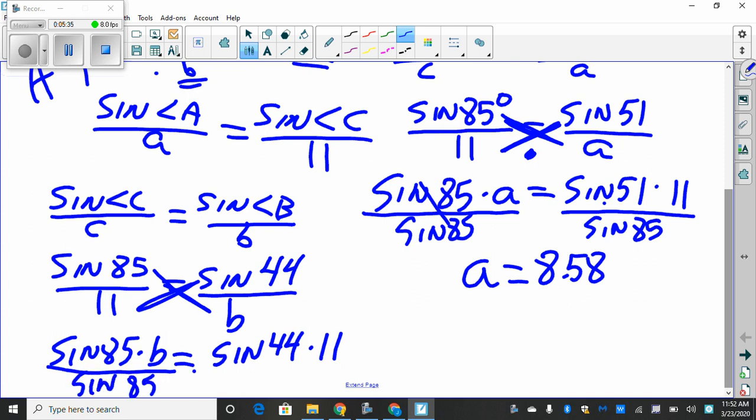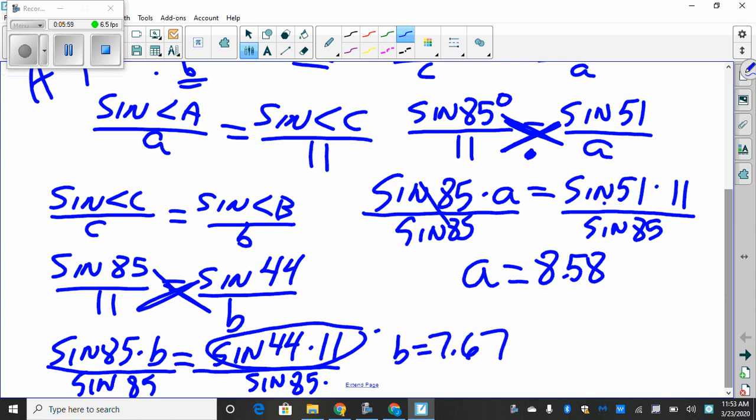So when you do this, you do sine of 44 times 11, hit enter, and then divide by the sine of 85. Remember, if you're using Desmos, make sure you're in degree mode again. You always check that little wrench first. And then you would find that little b is 7.67. So let's go back to our picture real quick.